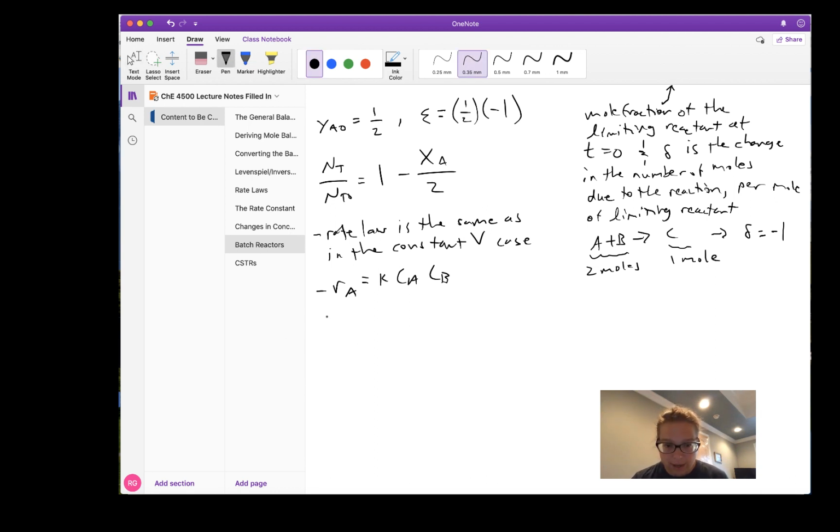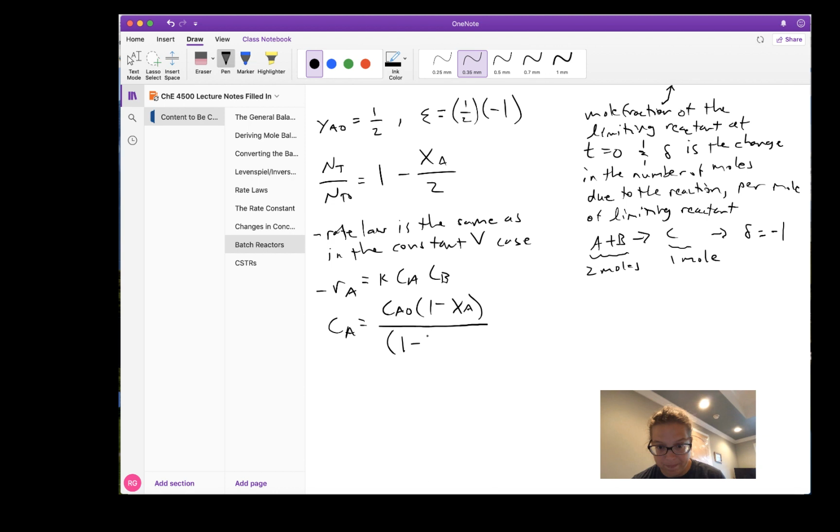So in this case, I'll have Ca is equal to Ca naught times 1 minus Xa. But now I need to take account of this volume change also, so that plays into the denominator. I've said that my volume change is going to be represented by this function, so I'm going to put that in the denominator.